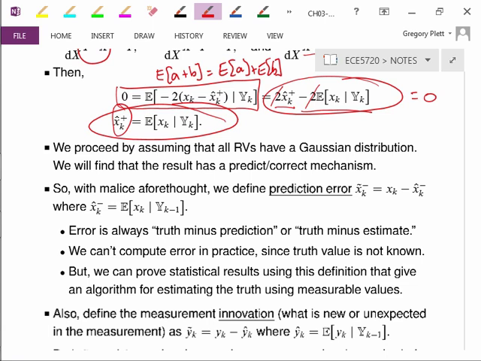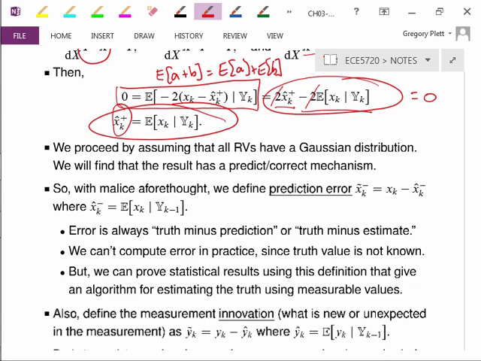And we're going to assume something that we don't have time to show necessarily why we assume this. Again, we do that in the Kalman filter course, but it would take too long here. We're going to assume that the random variables have a Gaussian distribution. We've said that before, but we're also going to assume that the result has a prediction-correction mechanism. We don't know why we would assume that or look for that, but in fact, it does.